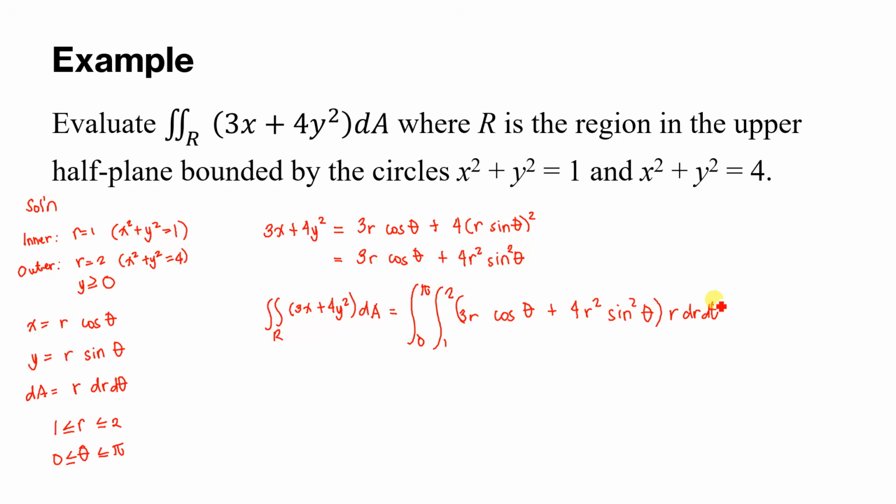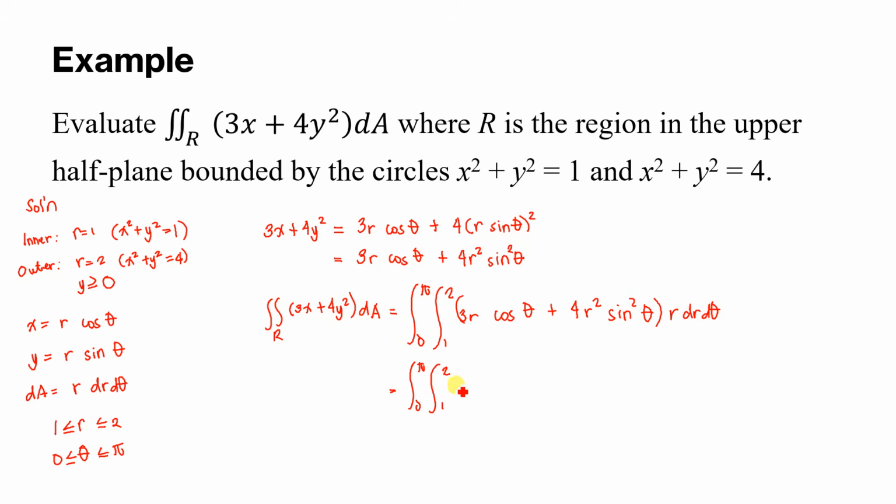So in this case, since you have r, that would be a factor. So you have the double integral from 0 to pi, from 1 to 2. So multiply the r.